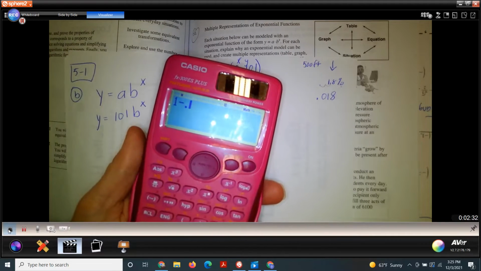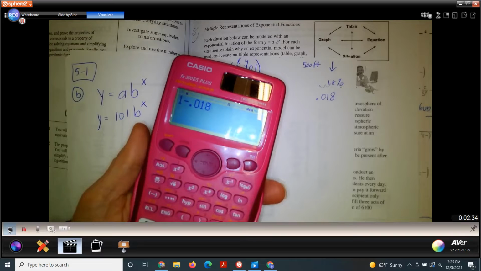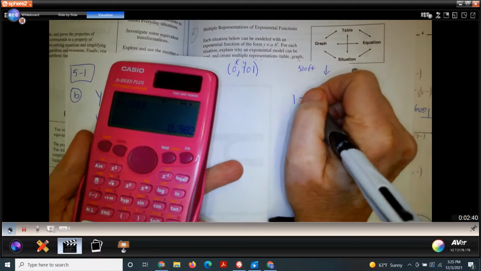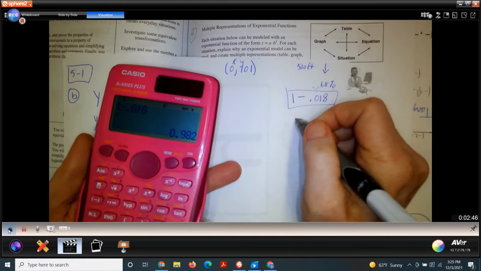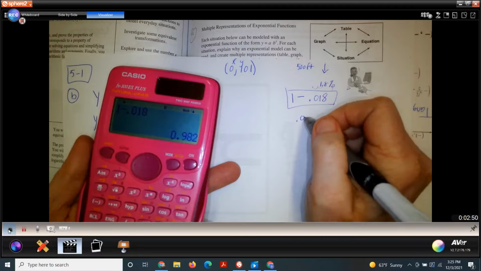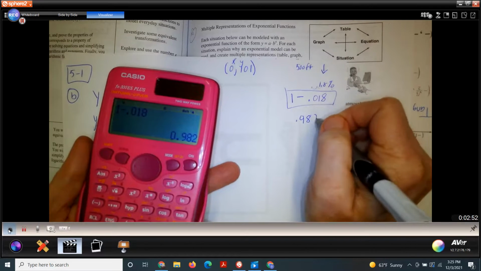So let's see. 1 minus that, and that's 0.982.